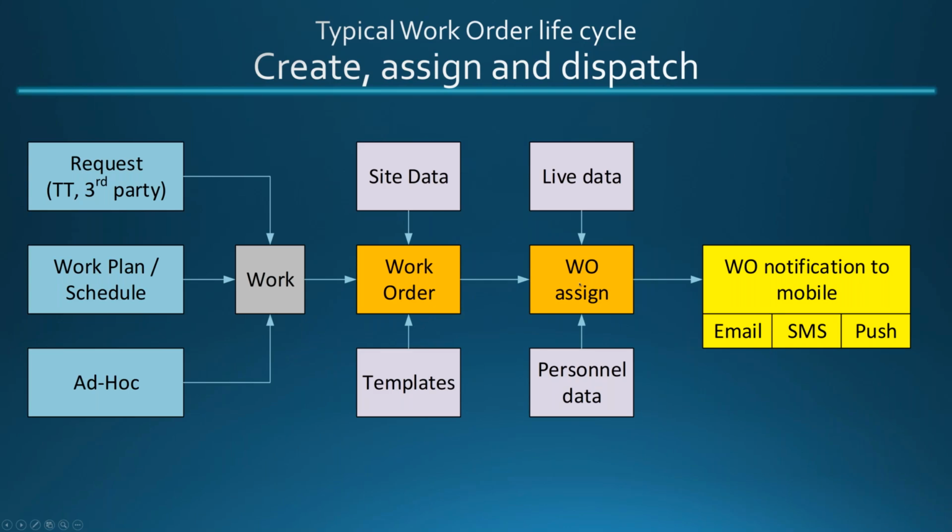And then as we're assigning this work order to people in the field, we compare against static data. So I have a team of 20 fiber optic splicers, and I know their personnel data, but I can also check their live data.